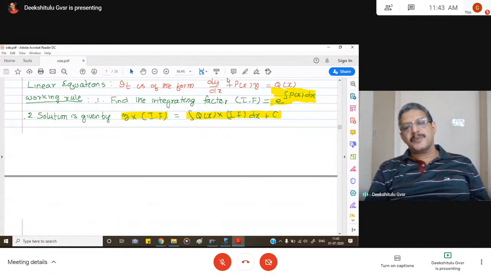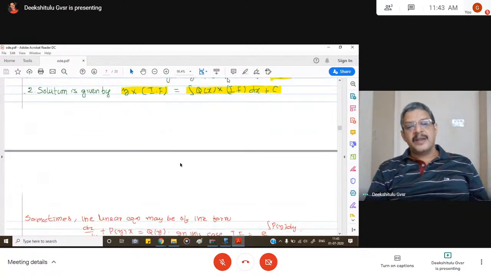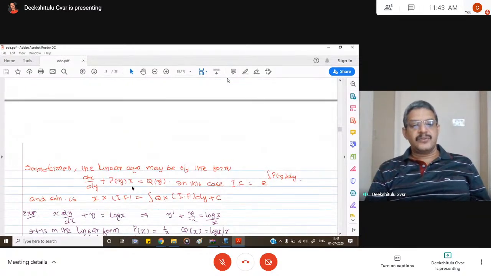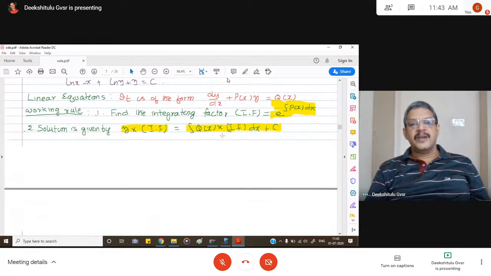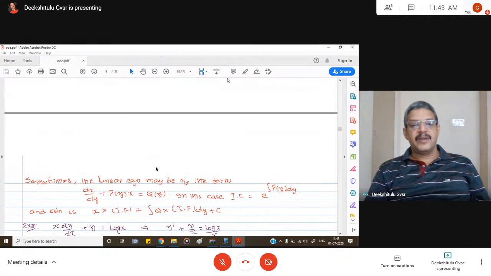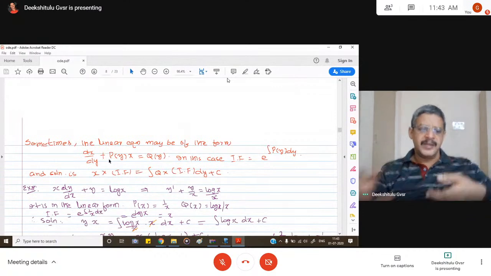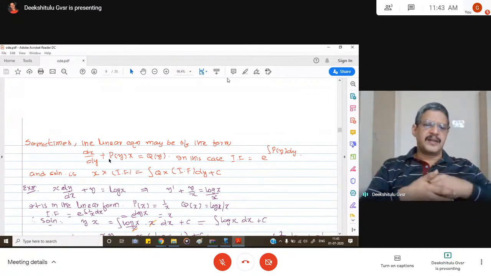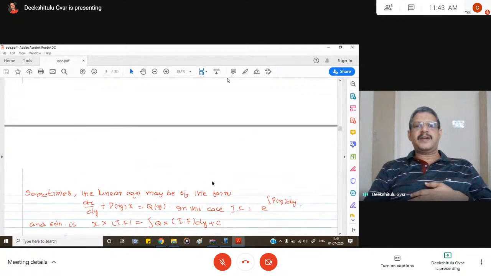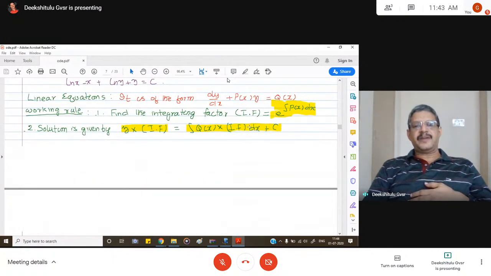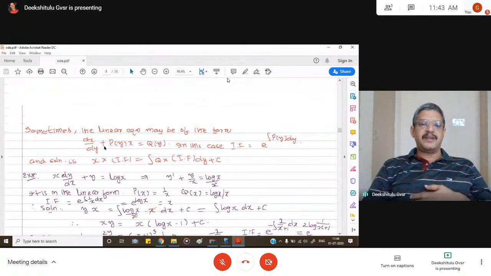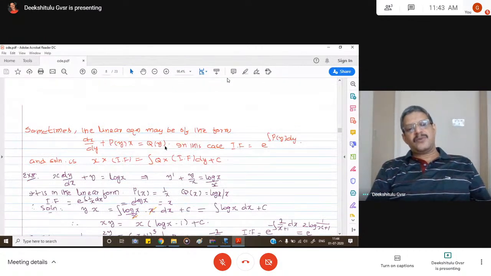The equation need not always be in this form, maybe in a different form. If it is not possible to convert the equation into this form, or it is convenient to convert it like this, the only difference is that here we have dy by dx plus p x into y, and here dx by dy plus p of y into x is equal to q of y.